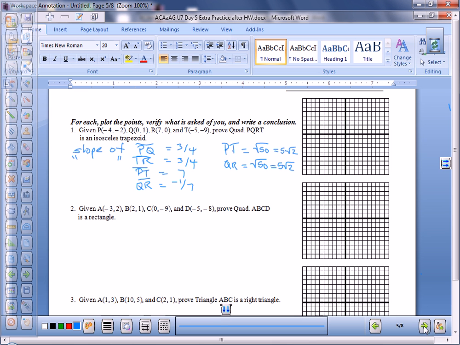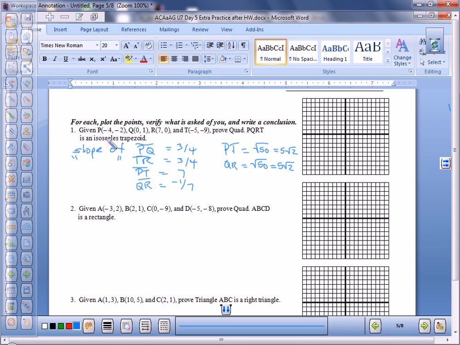Okay, so did we determine the slopes? Yes. And did you show that there's only one pair of parallel lines? Yes. Okay, so that takes care of the trapezoid part, right? Now we have to figure out how to handle the isosceles part.